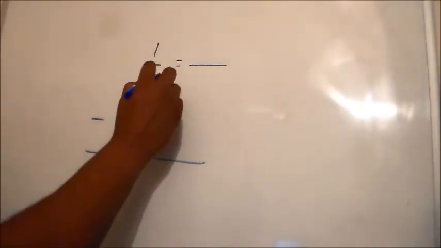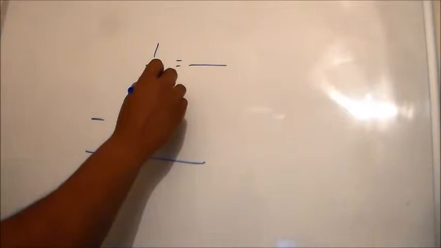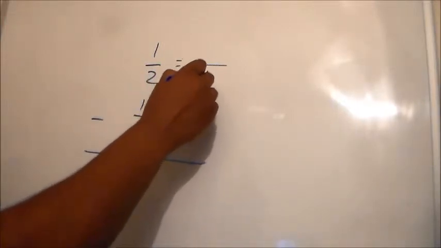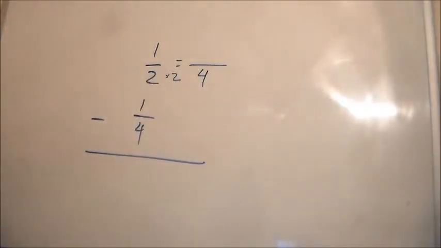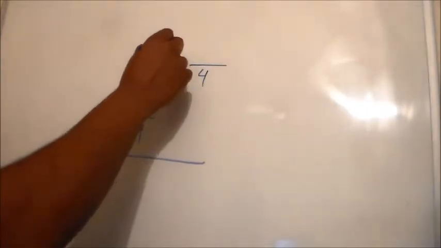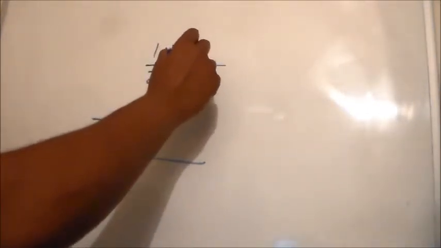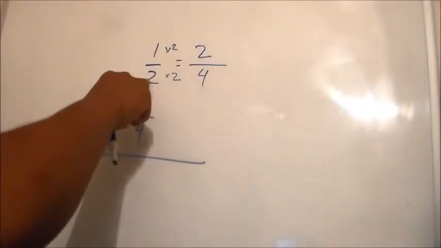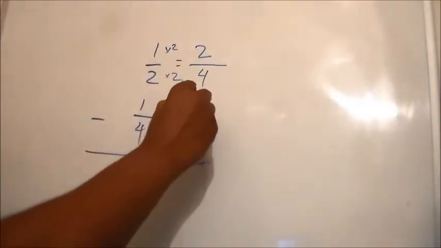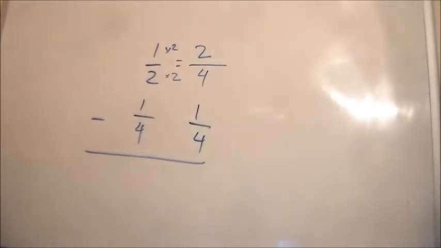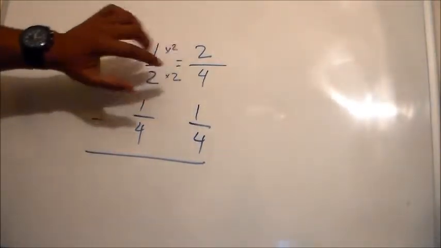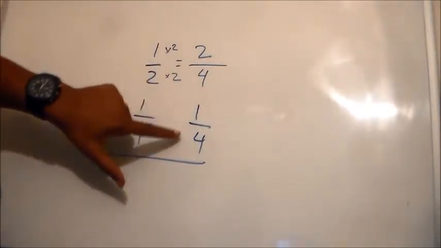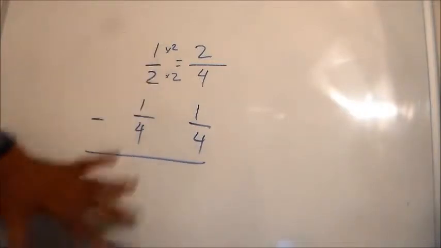To convert this to fourths, we basically have to multiply this by 2 to get 4, and whatever we do to the bottom, we have to do to the top to make it even. So this would be 2/4. 1 times 2 is 2, 2 times 2 is 4, and we leave this alone because we've converted this fraction into fourths. This is 2/4. This is 1/4, and this is the only way it could work.